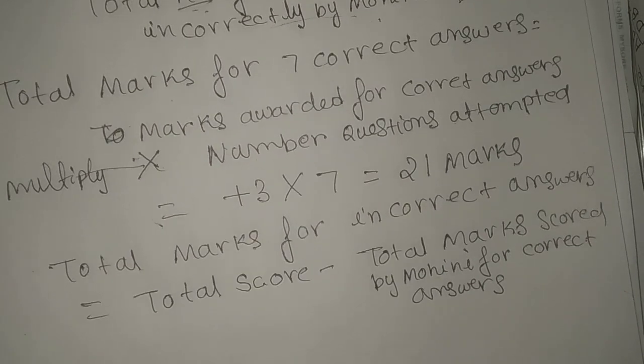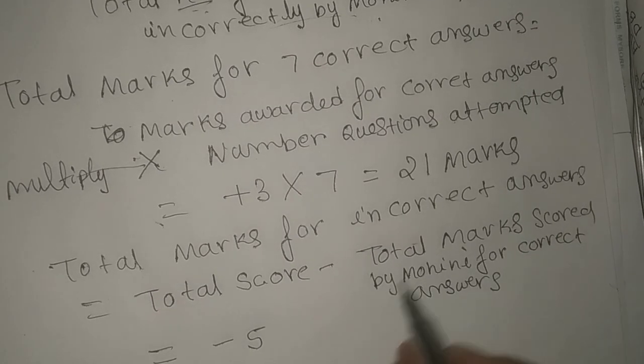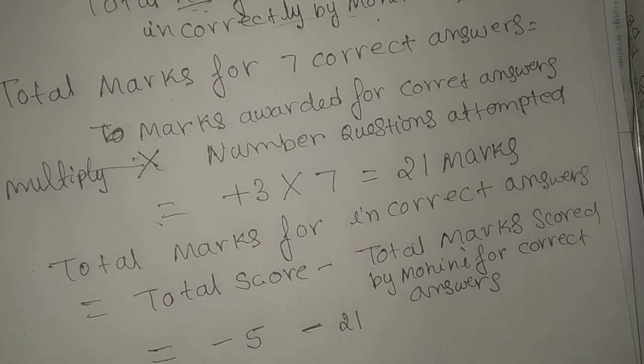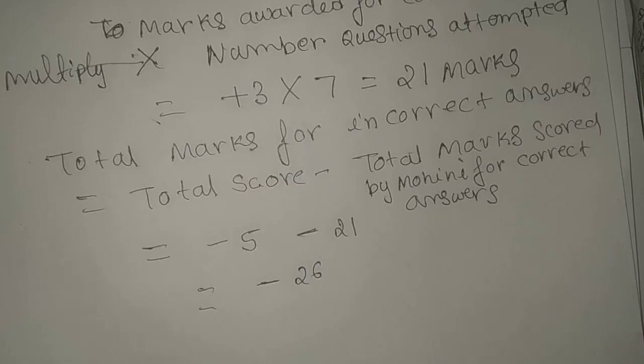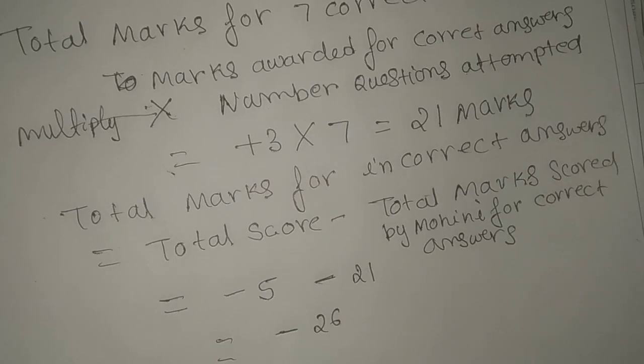So the score is -5, and total marks for the correct answers is 21. You'll get -26 as the total marks for the incorrect answers.